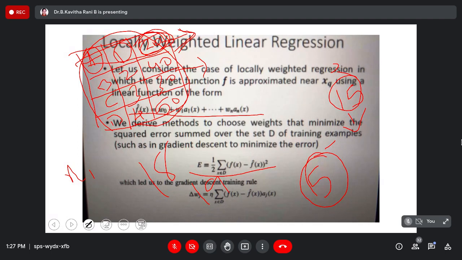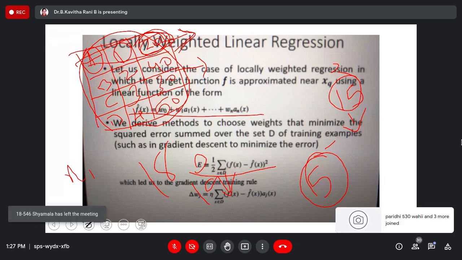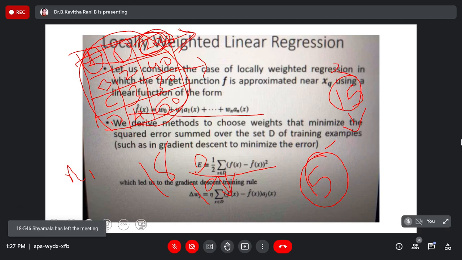So E is the error, that is equal to half, sigma x belongs to D, that is for every instance belonging to D. f of x is nothing but your existing value, that is 20. f cap of x is nothing but your estimated value, that is 15.